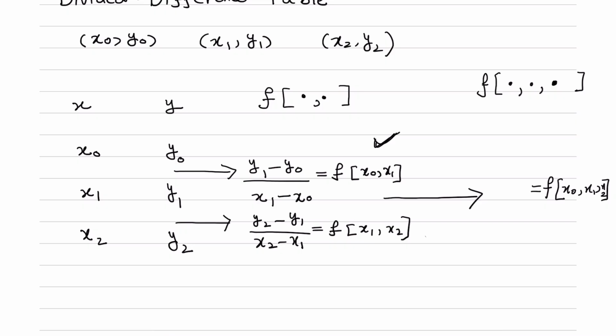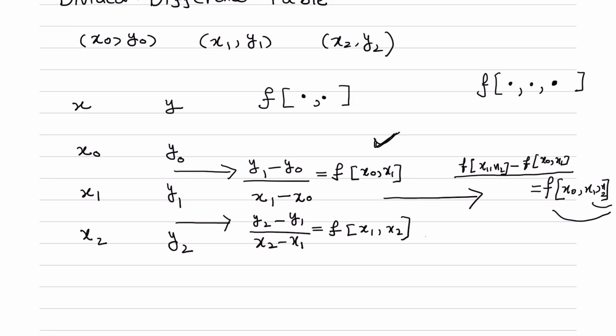So the arrow between these two things. Whenever there is an arrow between the two things, you write the second value, which is x1, x2, minus the first value, x0, x1, divided by, now look at this notation, last x minus the first x.